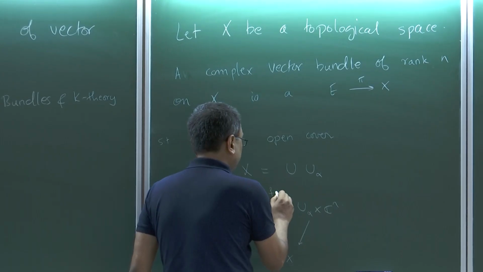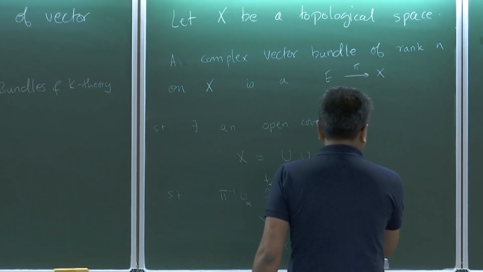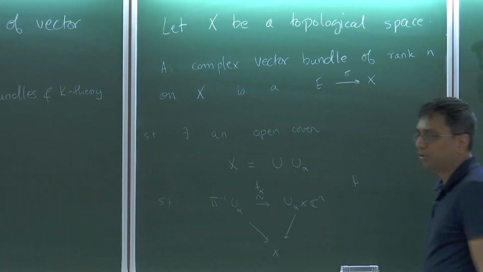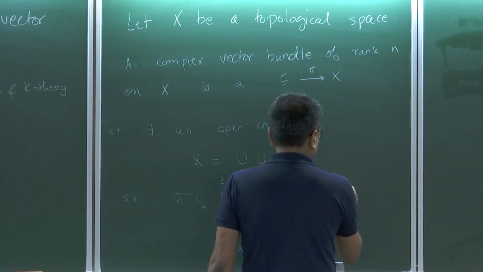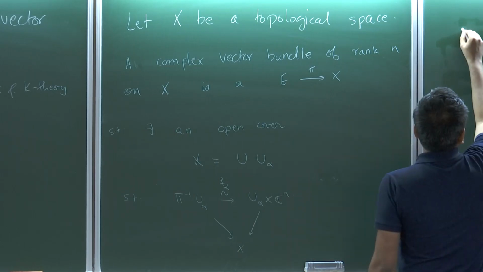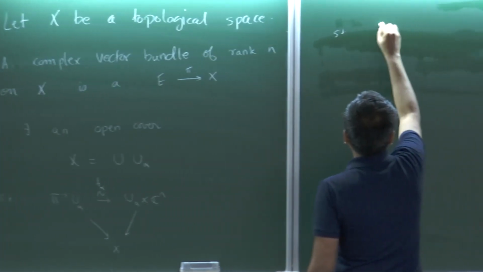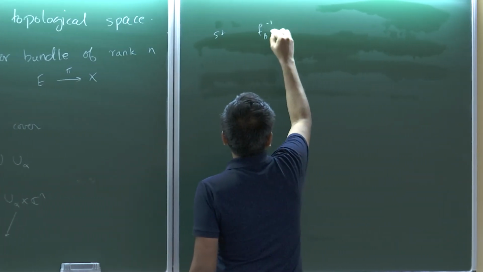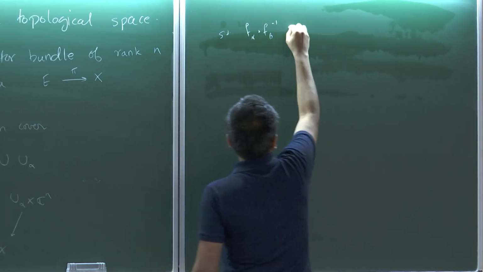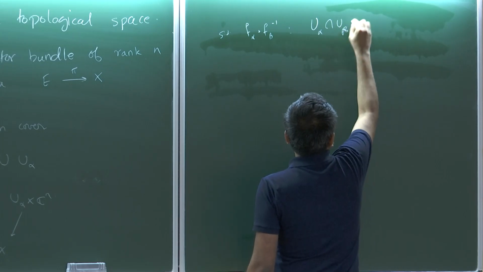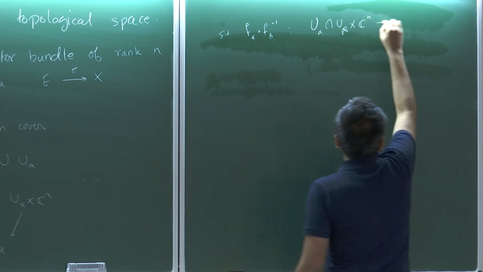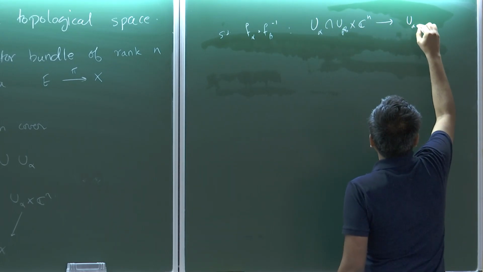So we have such isomorphisms. Let's name these isomorphisms F alpha. And there is one more condition: if I look at F beta inverse composed with F alpha, this is a map from U alpha intersection U beta cross C^n to itself.